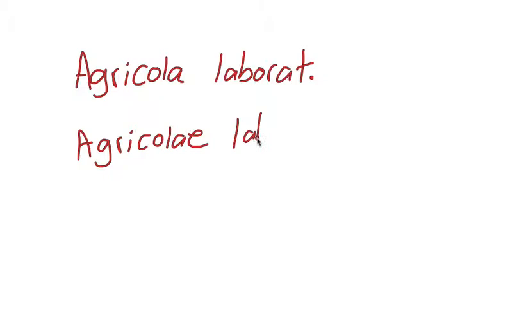Now I have to change my verb from third person singular to third person plural. So I had agricola laborat, that became agricolae laborant. Okay, still nominative, and it's still the subject of the sentence. Okay, and laborant is our verb.